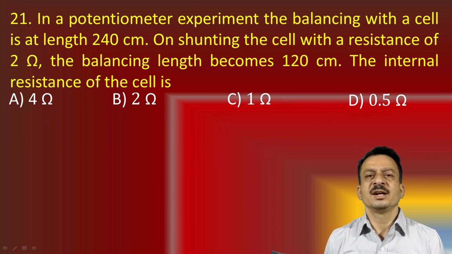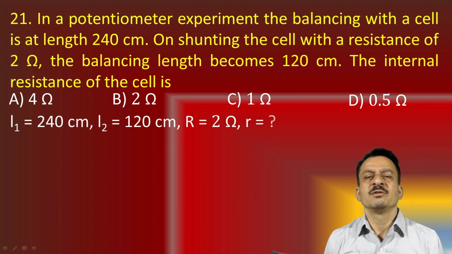So here L1 and L2 are given. Now the first case, the balancing length is 240, that is L1 is equal to 240 centimeter. When the cell is shunted with a resistance of 2 ohm, capital R is given 2 ohms, and the balancing length L2 is 120 centimeter. We know the internal resistance small r is given by capital R into L1 by L2 minus 1, that formula we know.